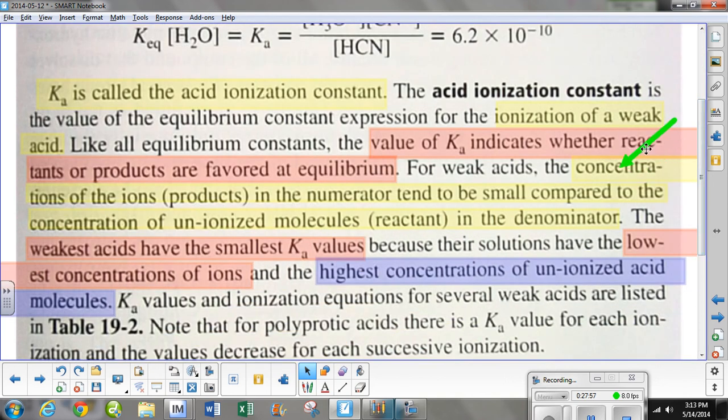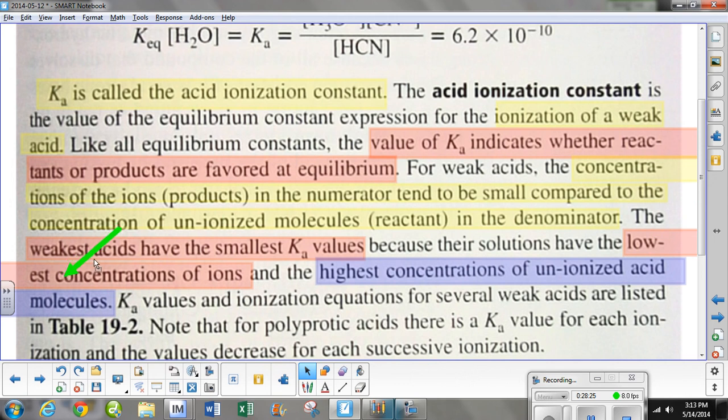So, concentrations of ions, products, in the numerator tend to be small compared to the concentration of unionized molecules in the denominator. And that's for the weak acids and weak bases as well. The weakest acids have the smallest K sub A. Okay, 10 to the minus 10 is pretty small.